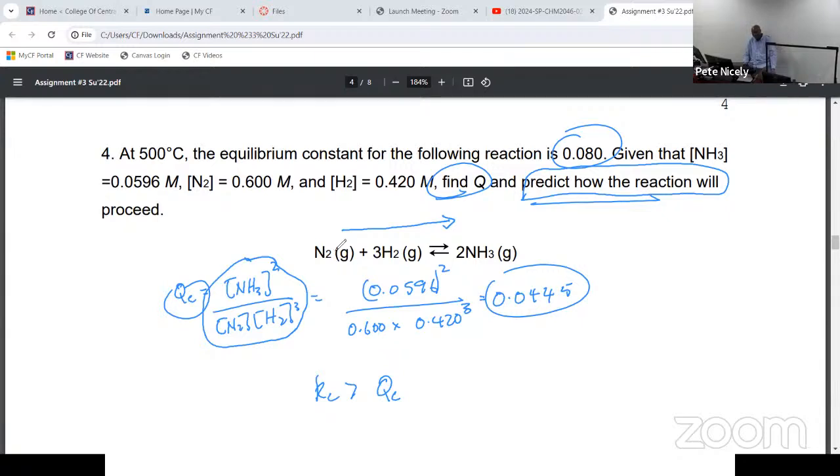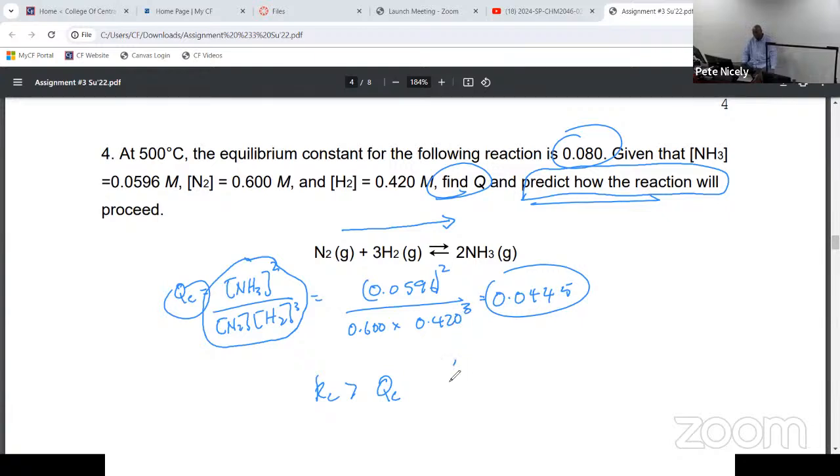All right? So therefore, what that means is that at this point, some nitrogen will have to react with some hydrogen to form more ammonia. And at that point, it will continue to do that until you get to a situation where QC is now equal to KC.